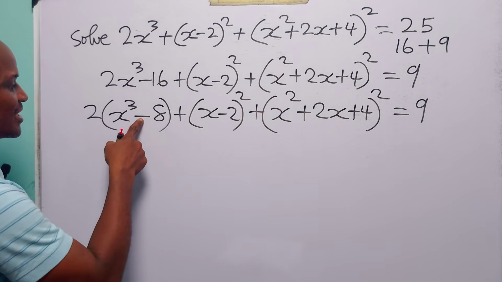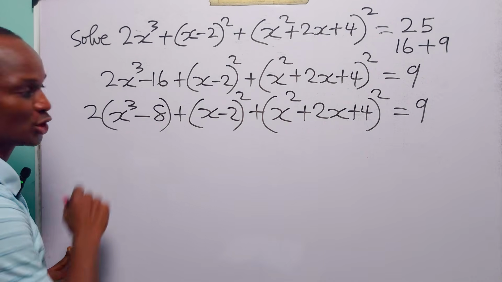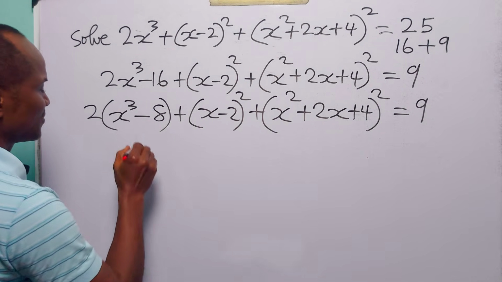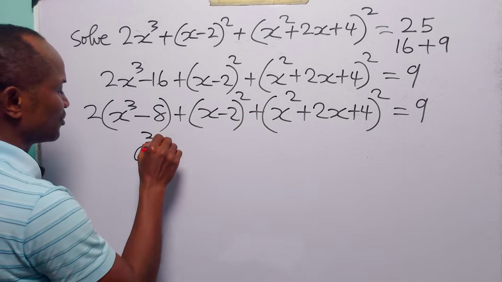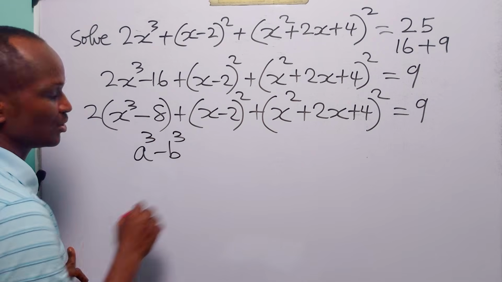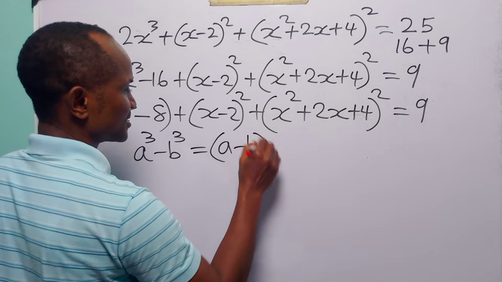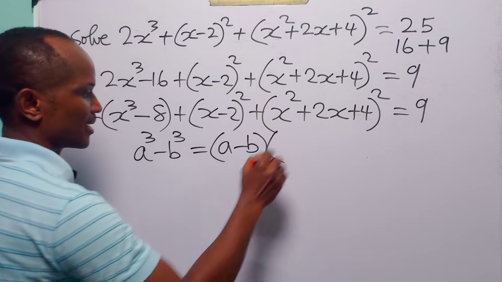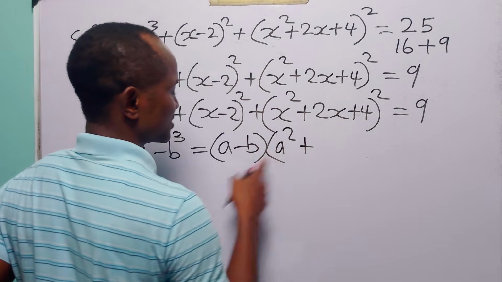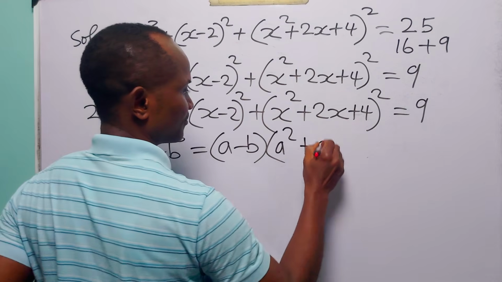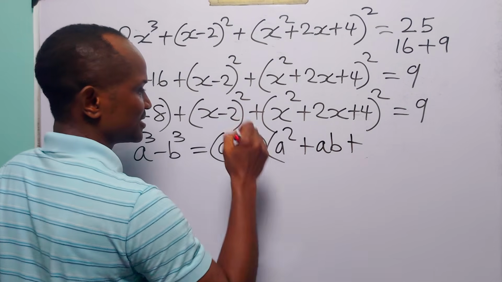So here what we have is the difference of 2 cubes. And remember that when we have something like a cubed minus b cubed, we can factorize this as (a minus b) times (a squared plus a times b plus b squared).